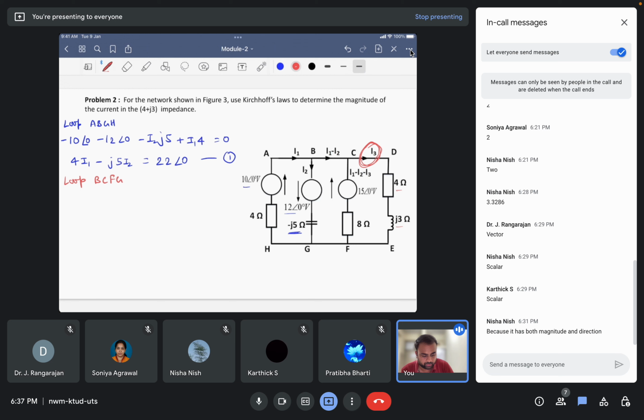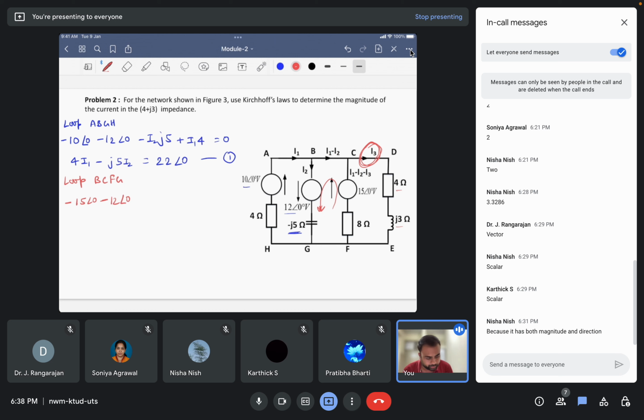So let us follow the direction of current to be in this way. Following the same convention, sources will be minus 15, and the other source, minus 12, angle is again 0 here.